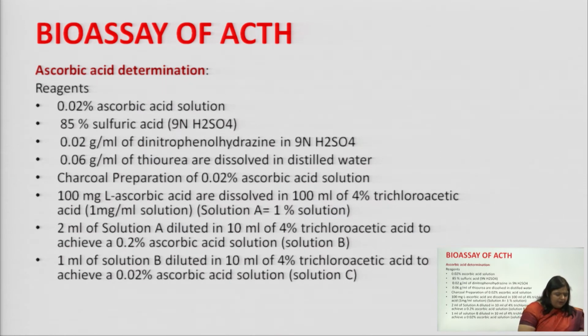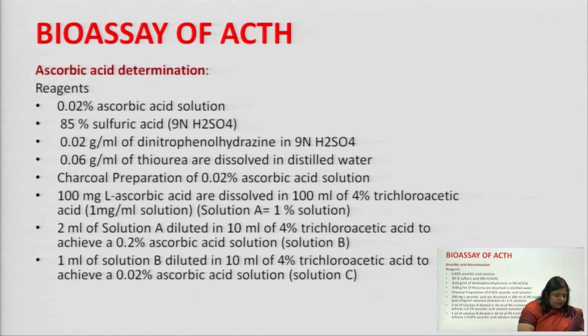We require various reagents to carry out the estimation of ascorbic acid. We require 0.02% ascorbic acid solution, 85% sulfuric acid, then 0.02 gram per ml of dinitrophenylhydrazine in 9 normal H2SO4. Then we also require 0.06 gram per ml of thiourea dissolved in distilled water, and a charcoal preparation of ascorbic acid solution.